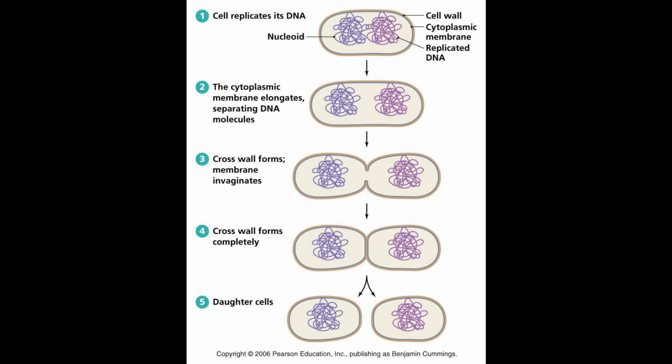When a prokaryote grows to a large size, binary fission takes place. This process duplicates the DNA, then separates each new strand of DNA into individual cells. This process is simpler than mitosis, and as such, bacteria can reproduce much faster.